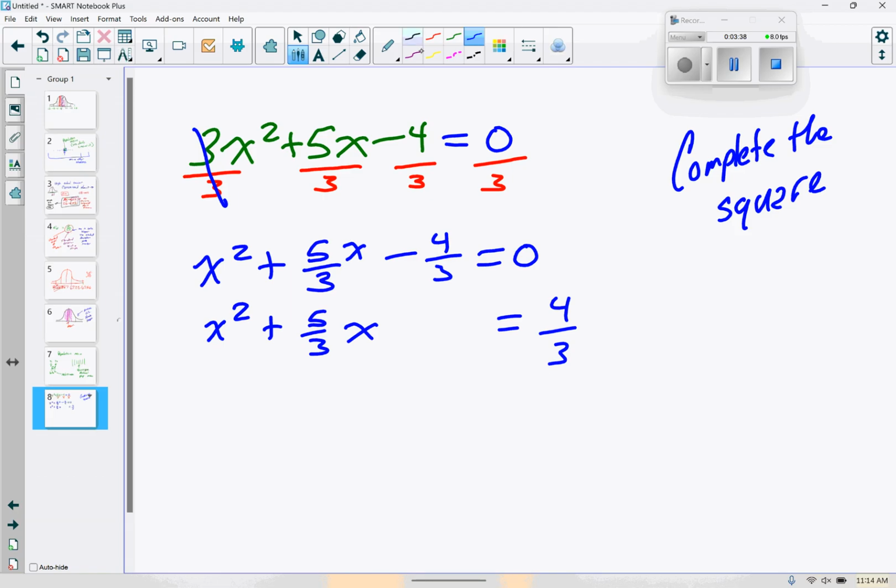So I'll put a little note over here: add 4/3 to both. And I'm going to say keep the space. Does that make sense? Let me explain what keep the space means. I added 4/3 over here, that way this went away. I left the space that 4/3 had originally lived. Does that make sense?